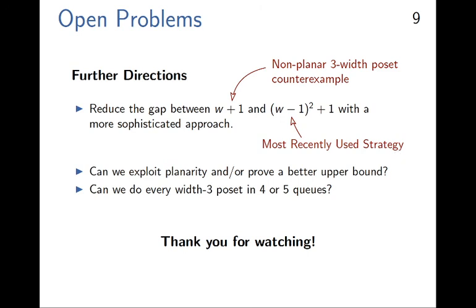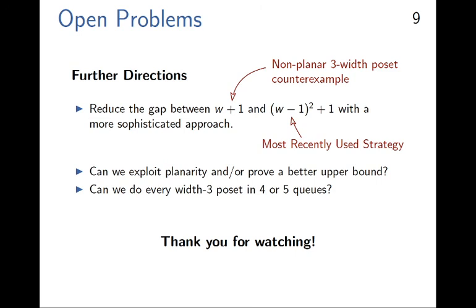I mean, this is a big gap. Of course, then the counterexample, we haven't considered if we can exploit planarity in any way. The counterexample is not planar, for sure. Question is, if you restrict it to planar posets, can you do better?